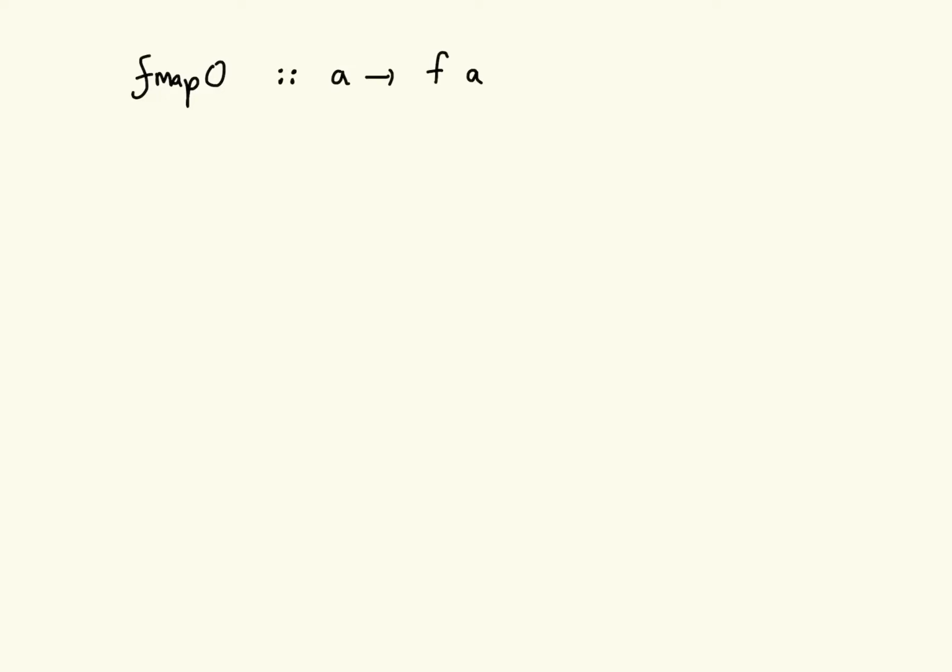Well, this one's very easy because fmap 0 is just pure. Okay, because pure on the previous slide goes from A into f of A. So if I've got a pure and I've got a funny star, I can always build an fmap 0. That's no problem. So let's try the next one now.